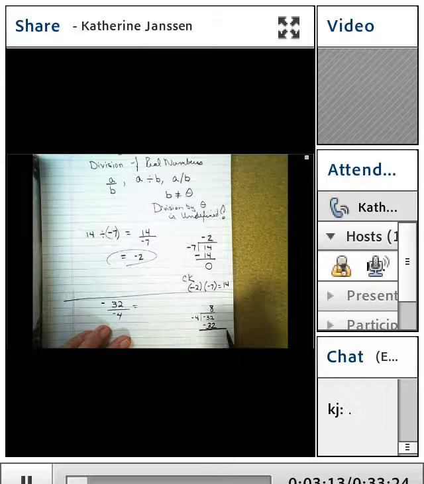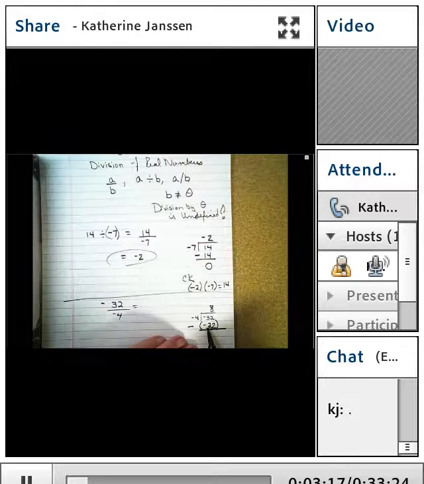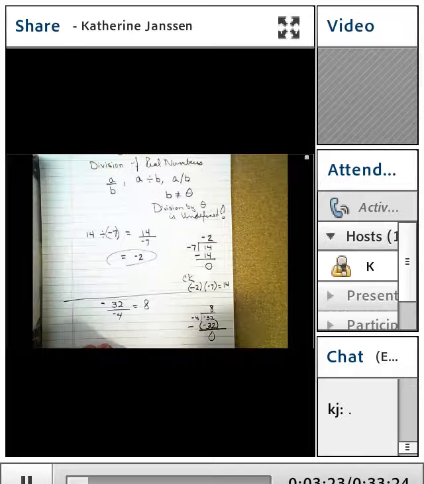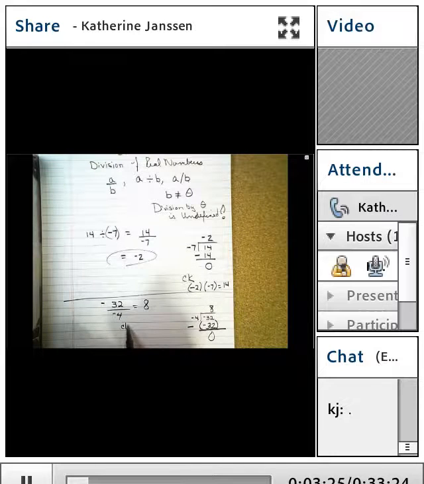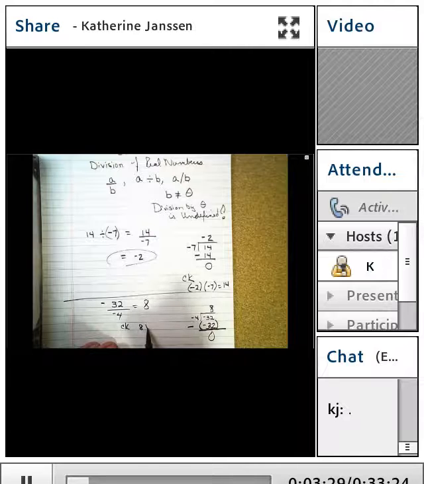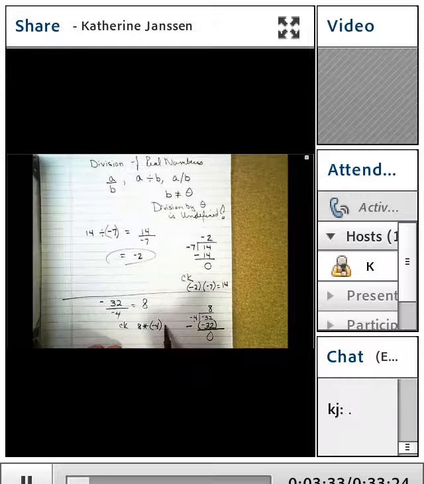We get the opposite of -32, which is +32 for a remainder of 0. So our answer is 8. And checking our quotient times our divisor, 8 times a -4 would be 32, and the sign is going to be negative. So sure enough, our answer is 8.